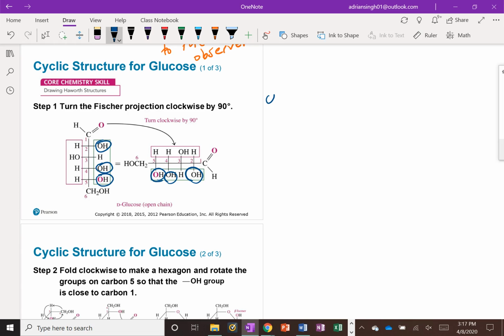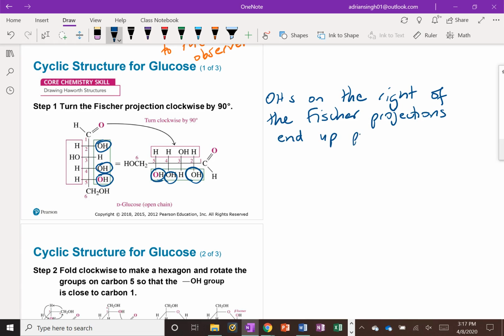So the OHs on the right of the Fischer projection end up pointing down, and that means any OHs on the left side of the Fischer projection would be pointing in the other direction, which would be up.